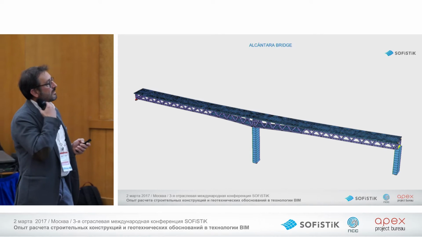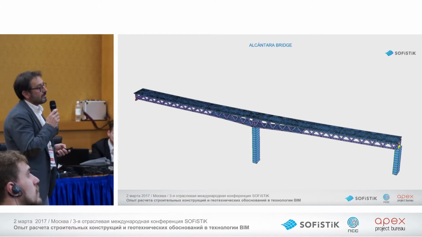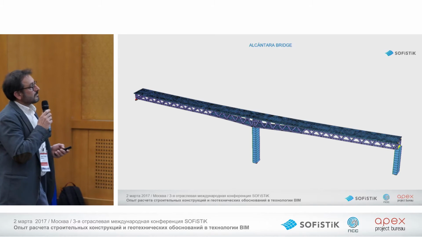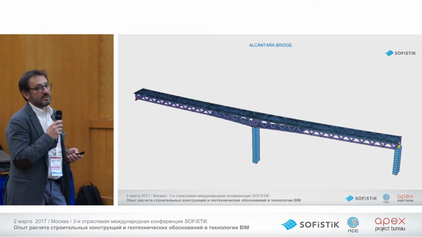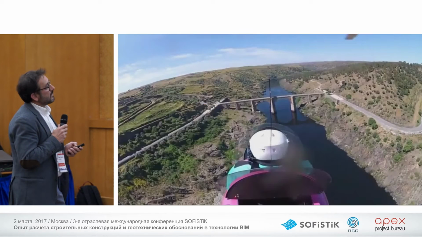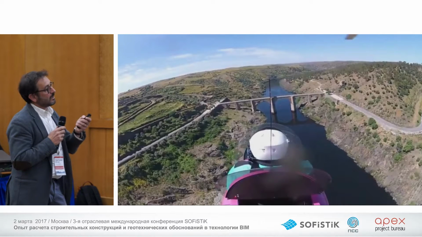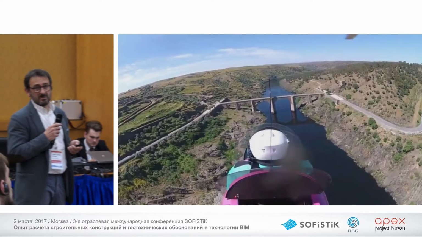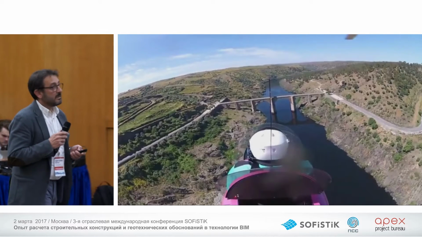And finally, this is Alcantara Bridge. This is in tender phase. I would like to win this concourse, this race to be the designers of that bridge. Alcantara Bridge is very famous in Spain, this is our idea. It's very famous because this is the Roman bridge, the most ancient Roman bridge with 80 meters length and 50 meters high.